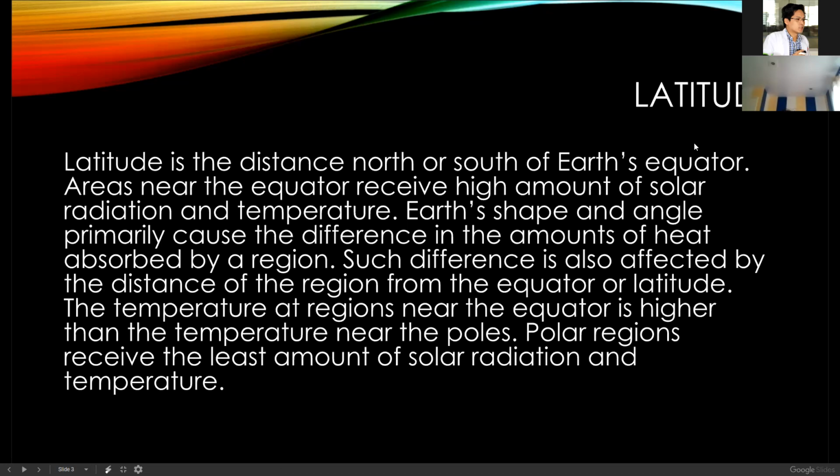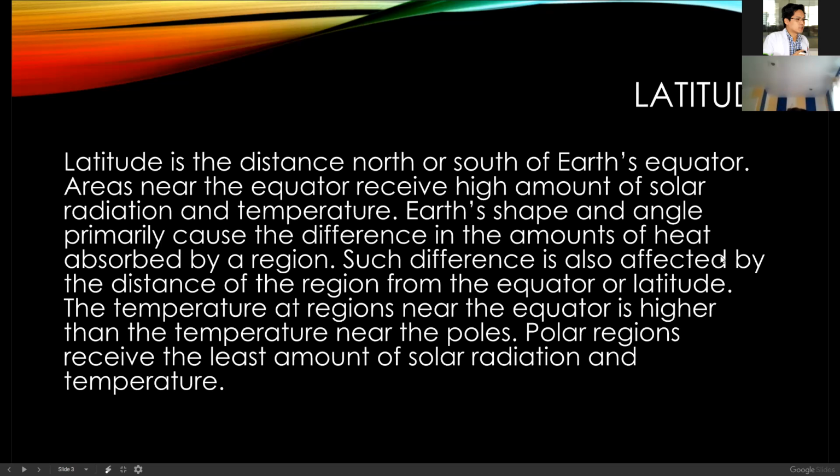Let's tackle first latitude. Latitude is the distance north or south of Earth's equator. Okay, north and south, that's the latitude. Areas near the equator receive a high amount of solar radiation and temperature.